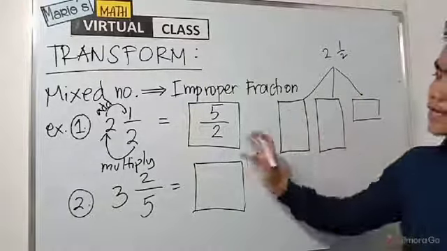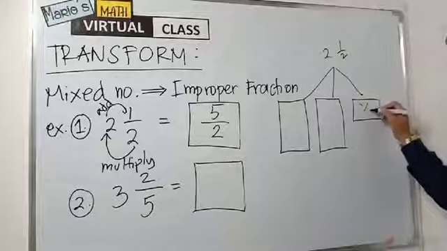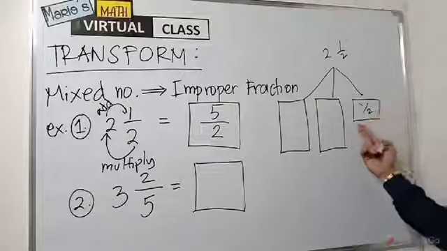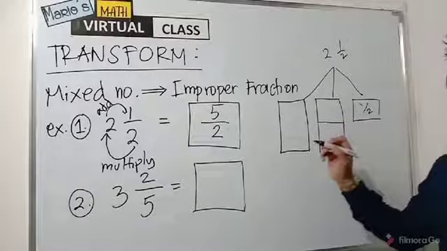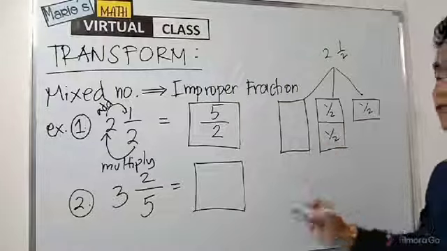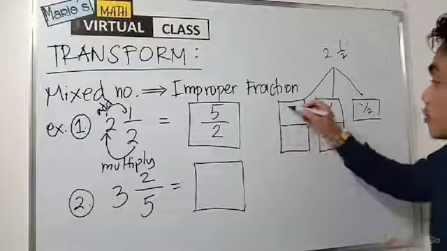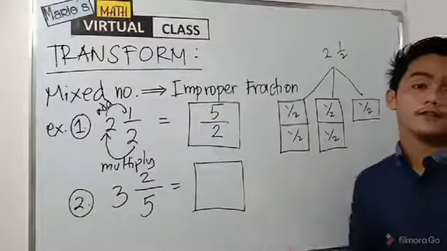It could be interpreted as 5 halves because if you consider that this piece is 1 half, and this one whole has 2 pieces of 1 half, so 1 half for this and another 1 half for this, and this one whole also has 2 pieces of 1 half. So how many pieces of 1 half do you have?